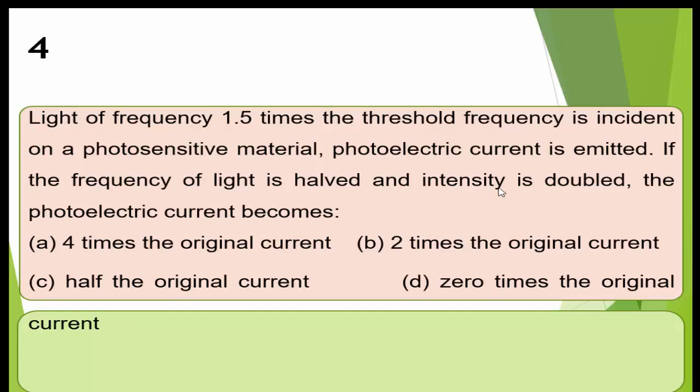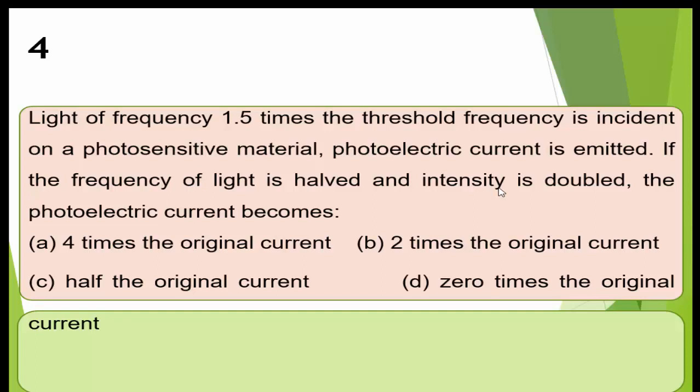If the frequency of light is halved and the intensity is doubled, then the photoelectric current becomes... When the frequency of incident light is halved, its original value is 1.5 times the threshold, but it becomes less than the threshold value. In that case, no photoelectric emission takes place. No photoelectrons are emitted. Then photoelectric current becomes zero.